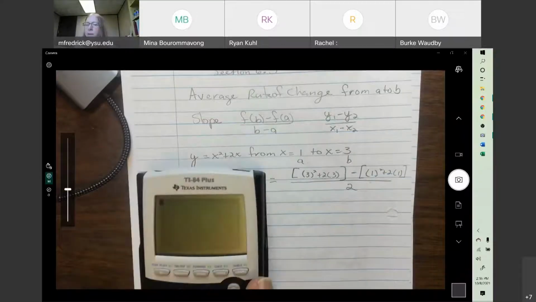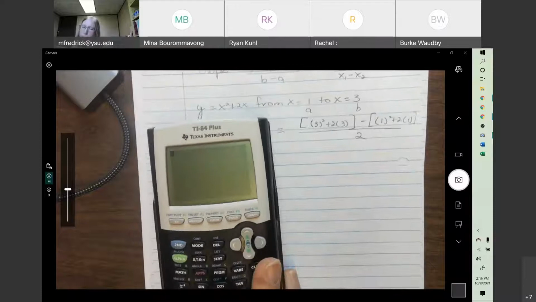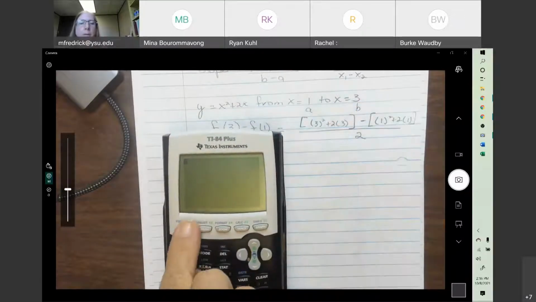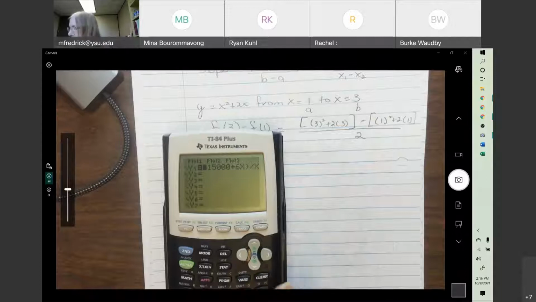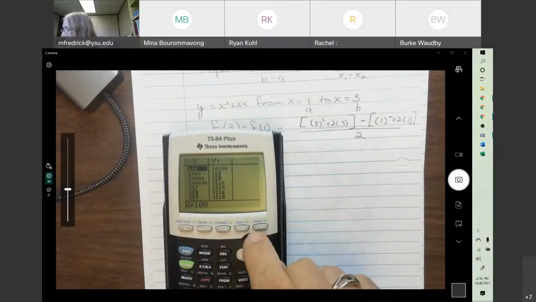Another way of doing it, though, especially when there's more to plug in or larger values, you can put the equation under y equals, x squared plus 2x. And then second, table, and I'm going to delete what I have there.